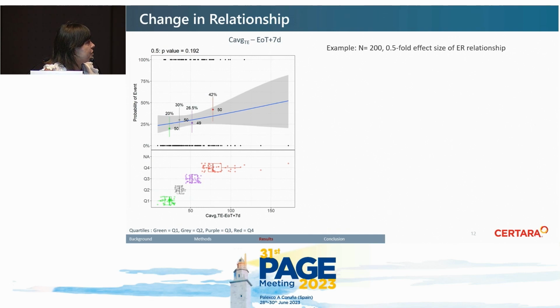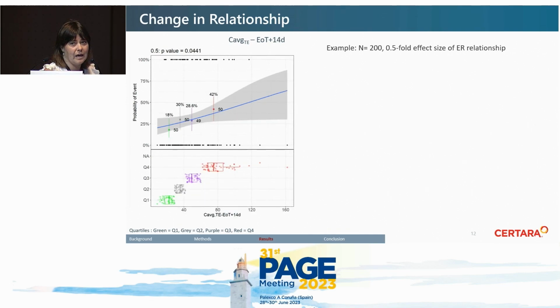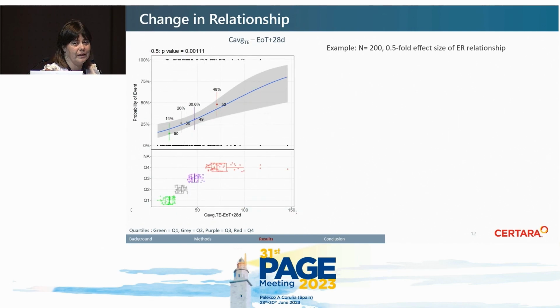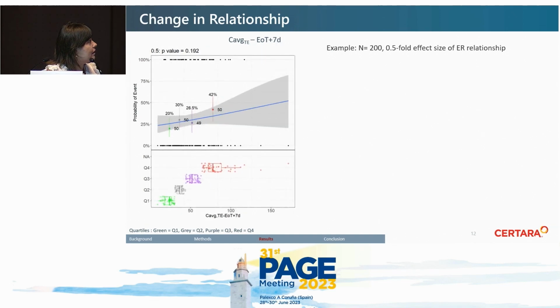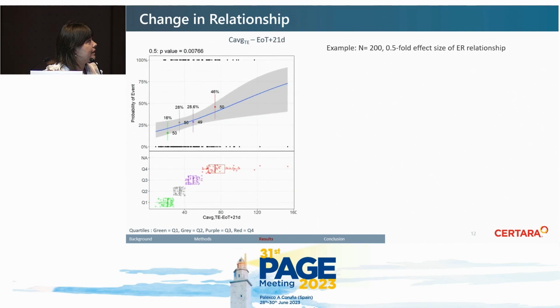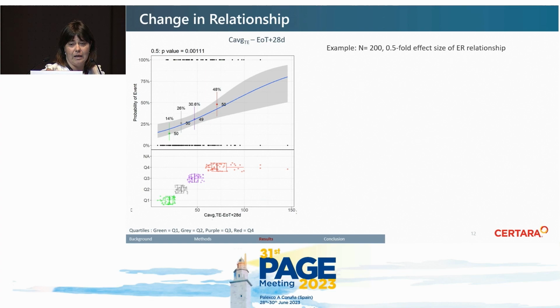You see a bit of a change. We're adding 14 days, we're adding 21 days, and we're adding 28 days. And I can go back on that again. So there was no relationship here, and we're going to a highly significant relationship there. The only thing we've changed is the time we use to derive the C-average concentrations for censored subjects in this.